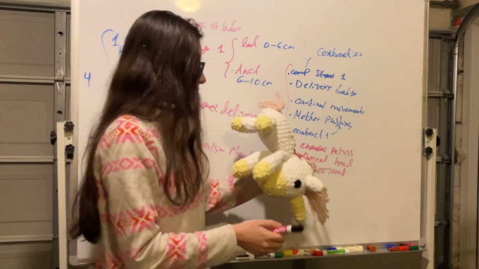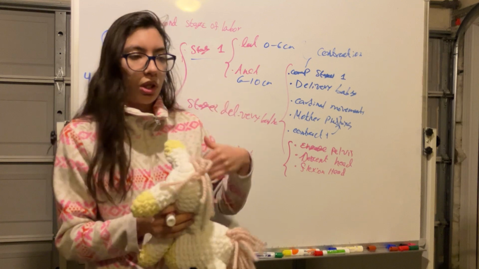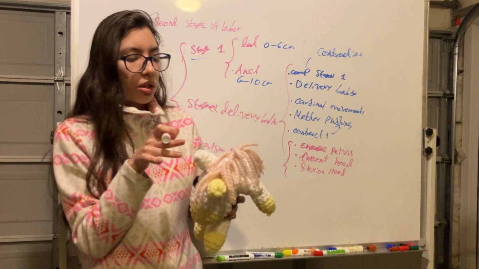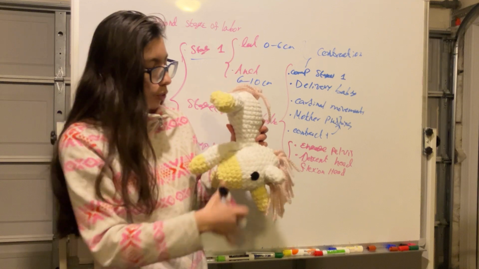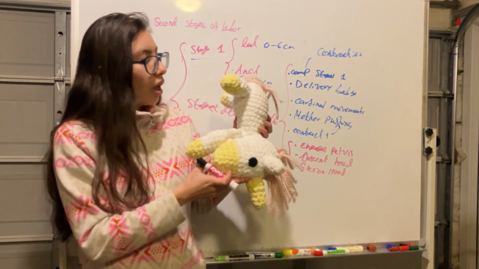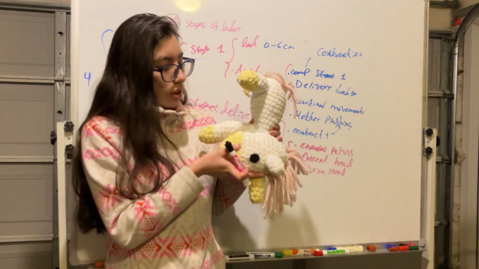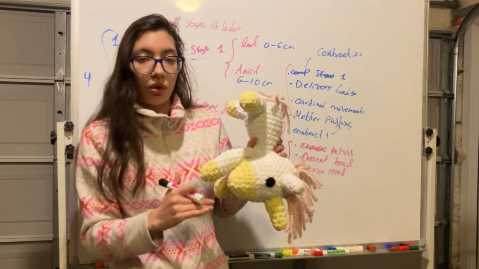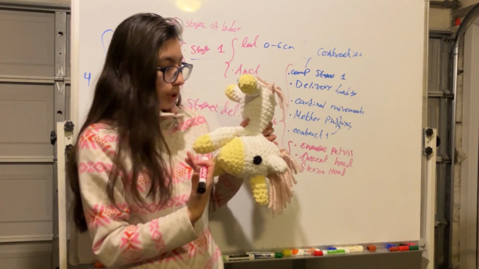So let's remember we have the situation, orientation, and variety of position, all that we reviewed in the previous video. The lie of the baby is longitudinal compared with the longitudinal axis of the mother. And remember that the variety of position when the baby starts to go into the birth canal is occiput transverse.